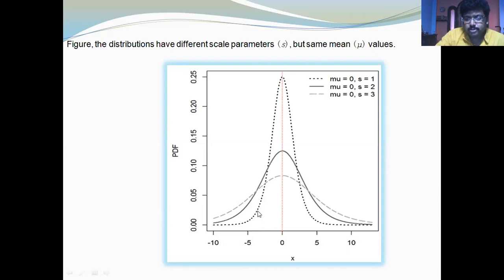Suppose this is a point, and along this axis we measure the average speed of a badminton player, and along the vertical axis we measure the probability of the average speed of the badminton player.